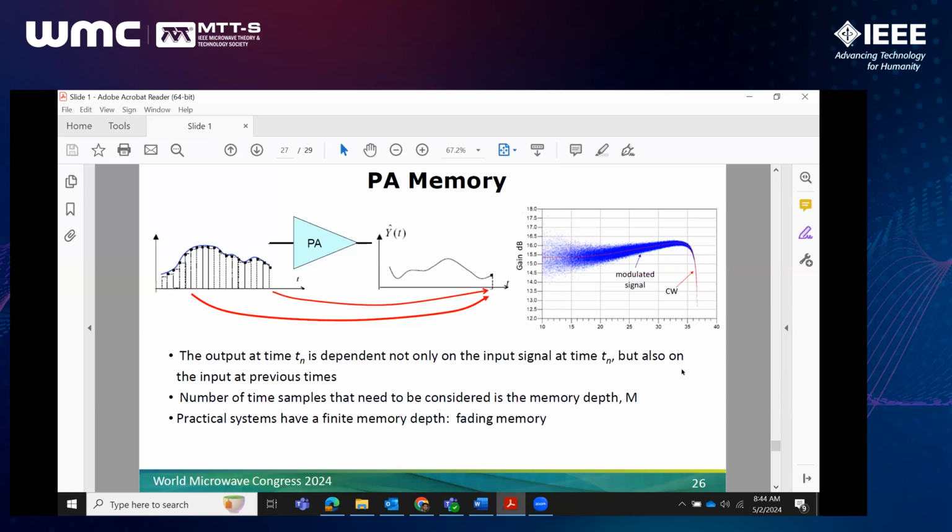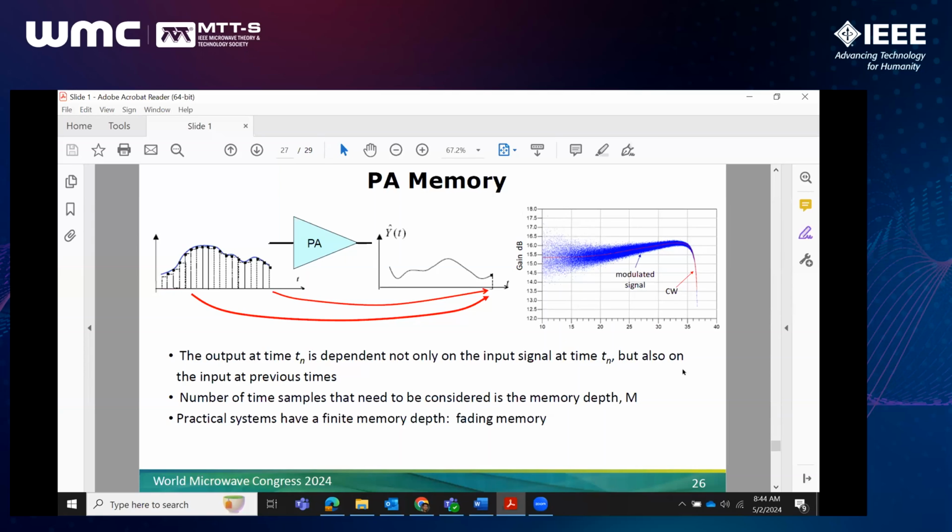So in terms of digital pre-distortion, we talk about fading memory in terms of how many time samples need to be considered to describe the current output waveform. And our amplifier fortunately has this term fading memory, in that there's a certain number of taps or certain number of past samples that we would look at to approximate or to estimate or model what the current output voltage is.